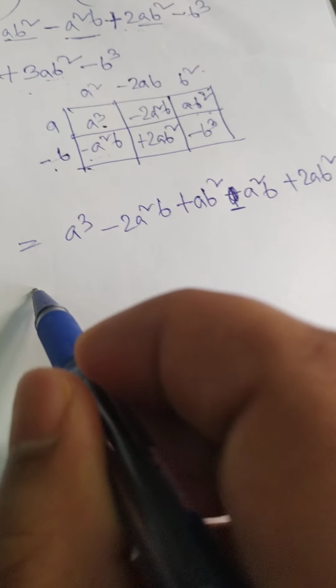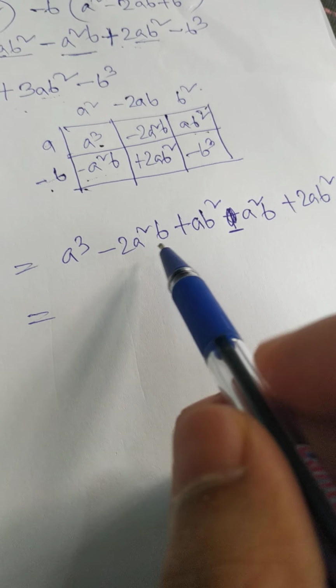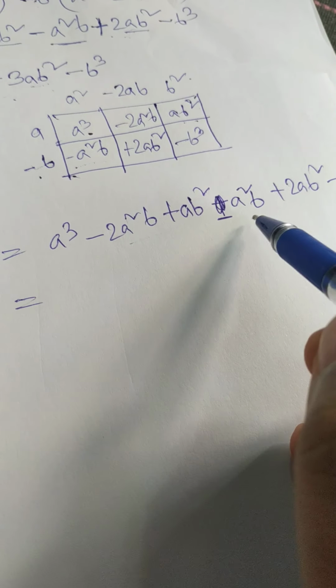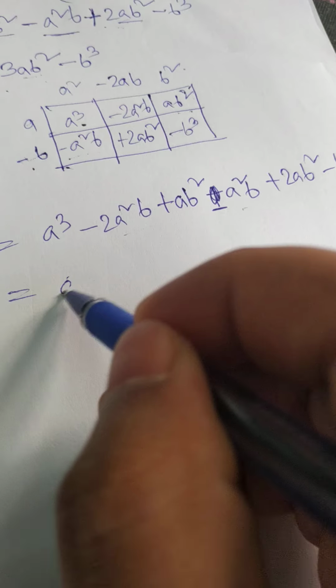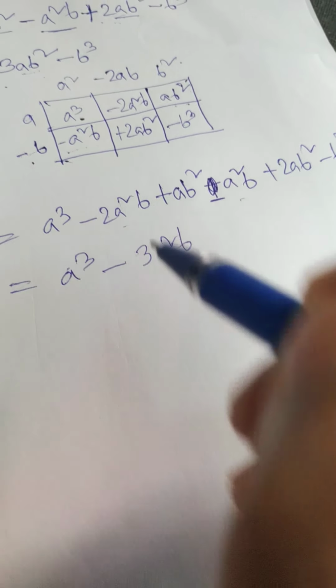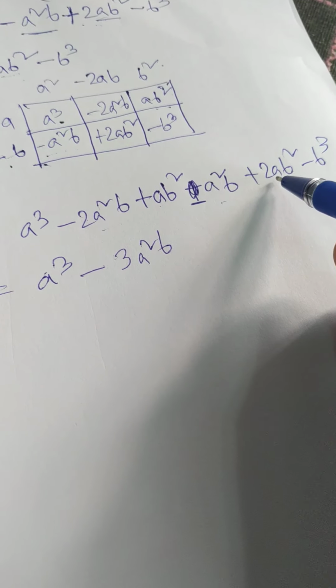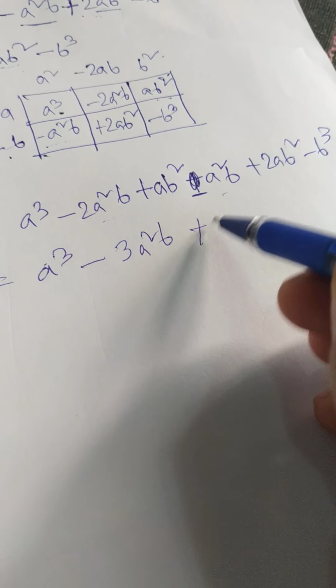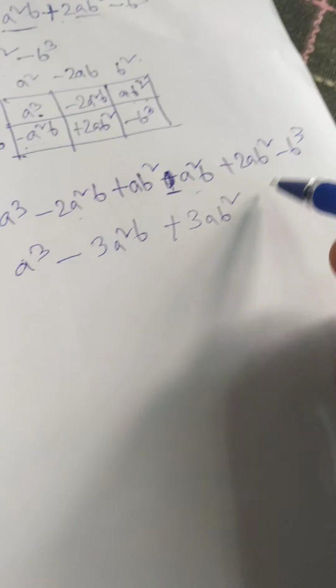So we write just what is there in the columns, we just add them up. Then again we follow the same procedure, a square b, a square b. First we write a cube as it is, then minus 3a square b, then 2ab square, ab square, 3ab square, so plus 3ab square minus b cube.